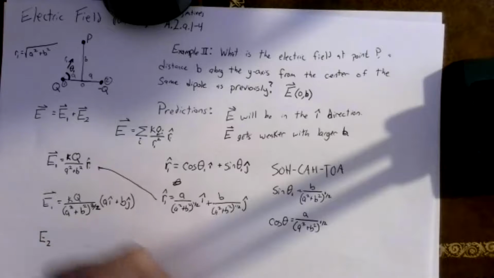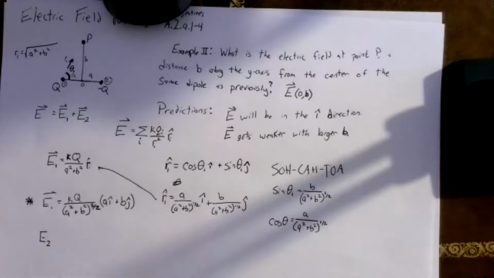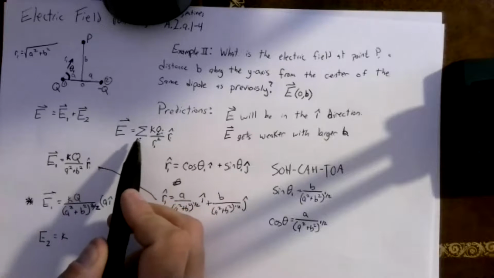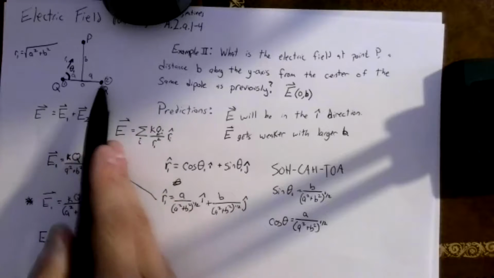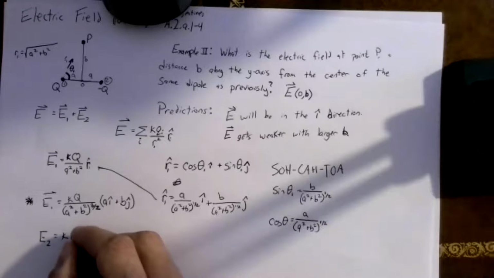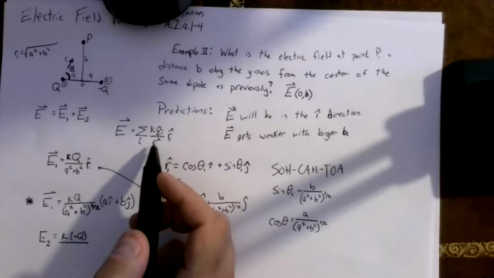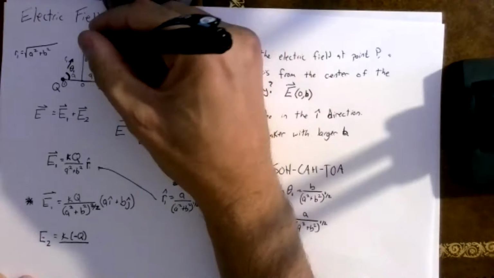So our E2, and let me put a star next to this so we can add it to what we get for E2. Our E2 vector is going to be pretty similar. We've got K. I'm going back to Coulomb's law here now. What's my second Q? Negative Q, yeah, it's this charge, so it's negative capital Q. And the R squared this time, what's the distance of point P from the negative Q charge?